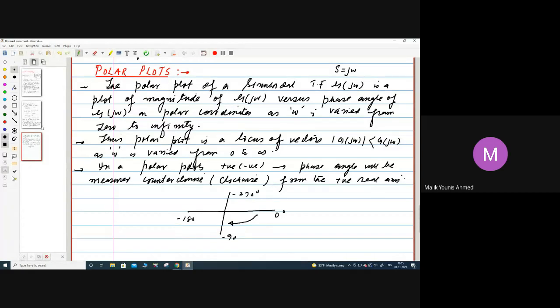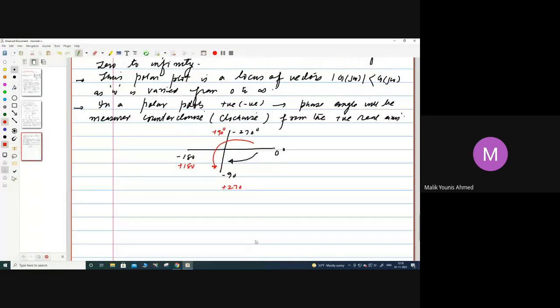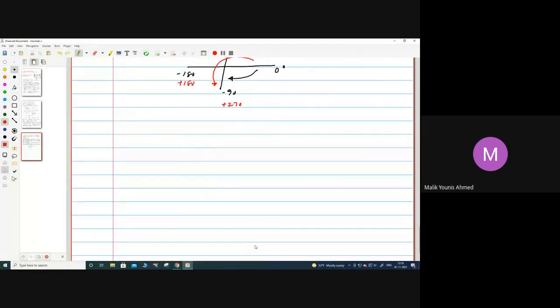If I take the counterclockwise direction, then the angles will be 0, plus 90 here, plus 180 here, plus 270 here, and plus 360. In that case, the measurement will be in the counterclockwise direction. So clockwise is negative and counterclockwise is positive. This is the way we take it: first quadrant, second quadrant, third quadrant, and fourth quadrant.